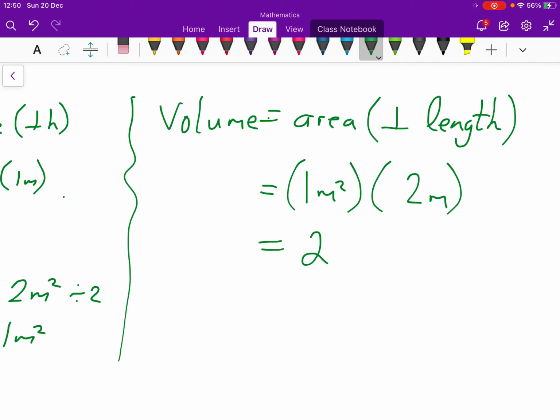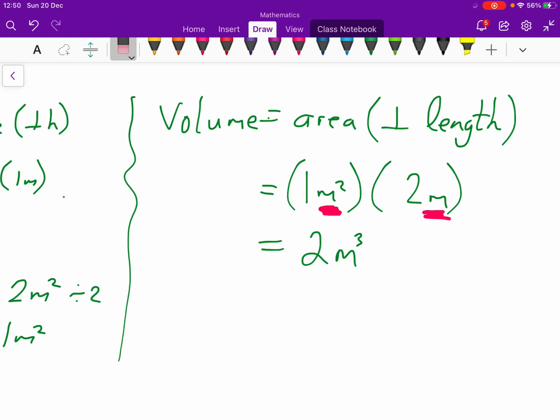So 2 by 1 is 2, and meters squared by meters, well there's 2 meters over here, another meter over here, so that's 3 meters altogether, just 3 m's multiplying each other, so it has to be cubed. Or the other way is to think about adding those powers, 2 and the invisible 1 gives you 3. Whichever way you want to get those powers, just make sure you get those powers correct.